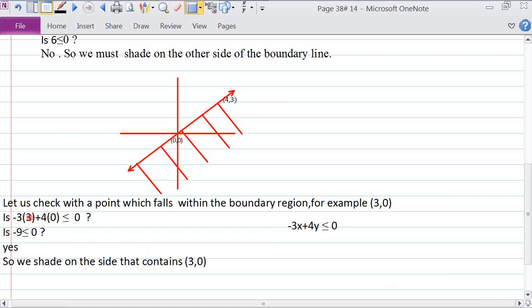So we get minus 9 here, plus 0, gives us minus 9. Is minus 9 less than or equal to 0? It's less than 0, so the answer is yes. So we shade on the side that contains the 3, 0, which is this side here.